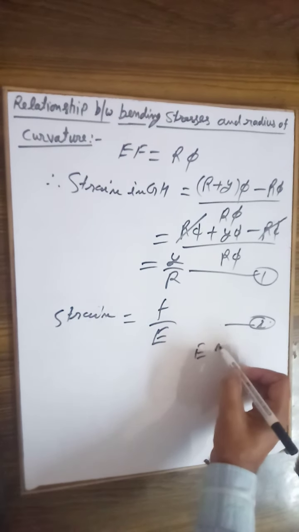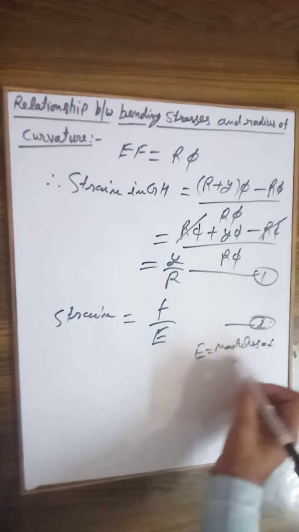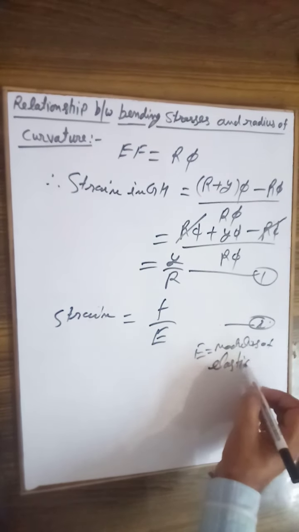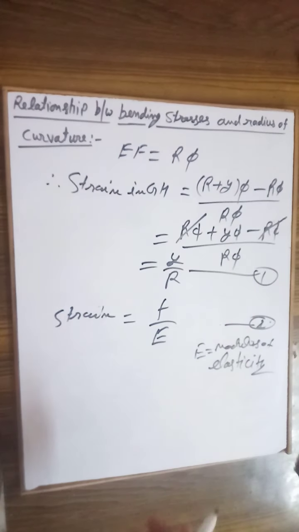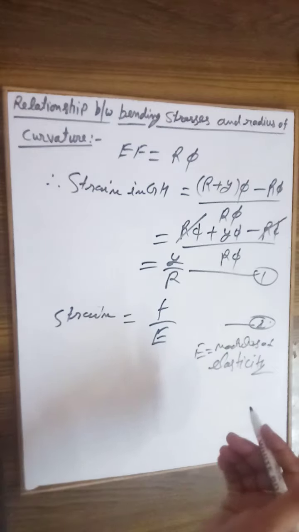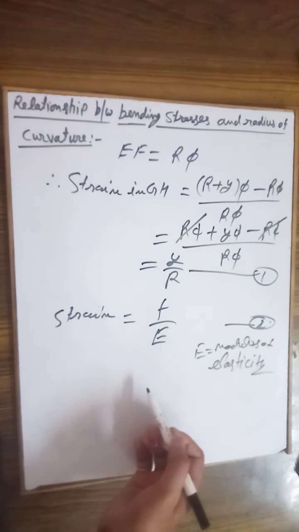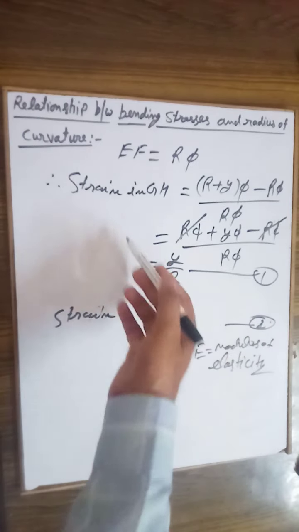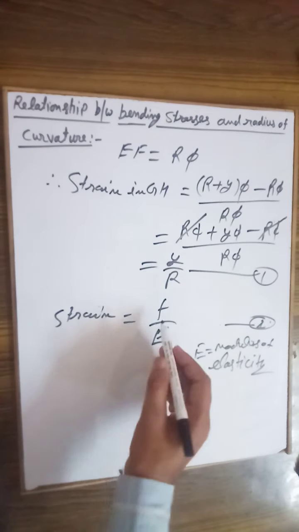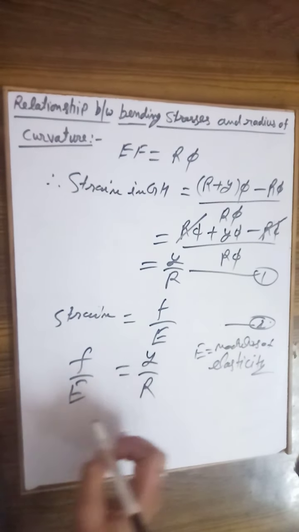Because stress upon strain is equal to E, we are directly putting this value here. So by equations number 1 and 2, both are the strain, we can put F upon E is equal to Y upon R.